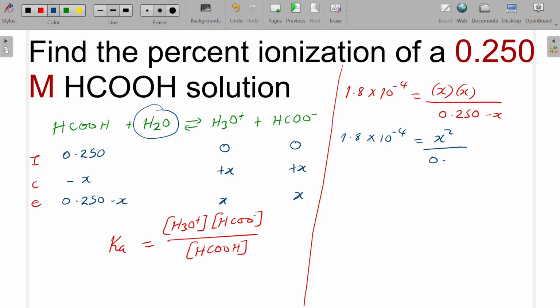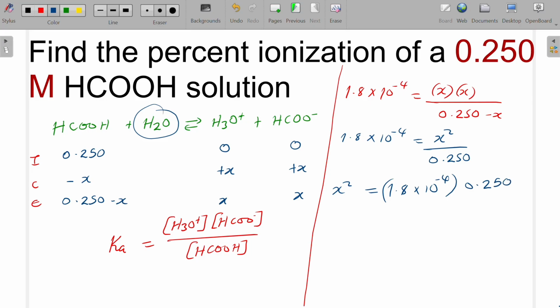So we're going to have 0.250 down there. And this implies that our x squared, when we cross multiply, will be equal to 1.8 times 10 to minus 4 multiplied by 0.250.